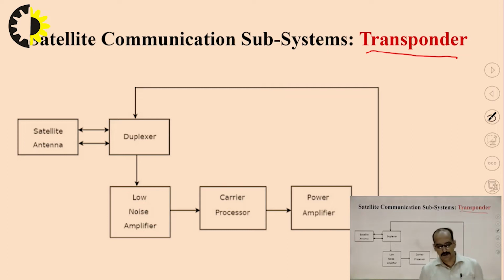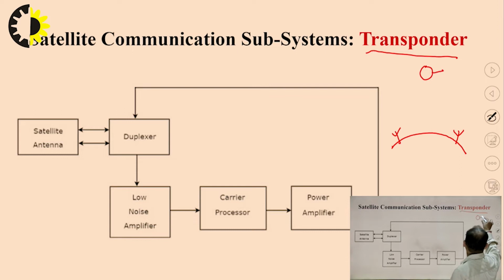As I told you at the start of this satellite communication topic, whenever we talk about satellite communication, here this is the Earth. We have two stations, and in orbit we have a satellite. This satellite is communicating between these two earth stations.